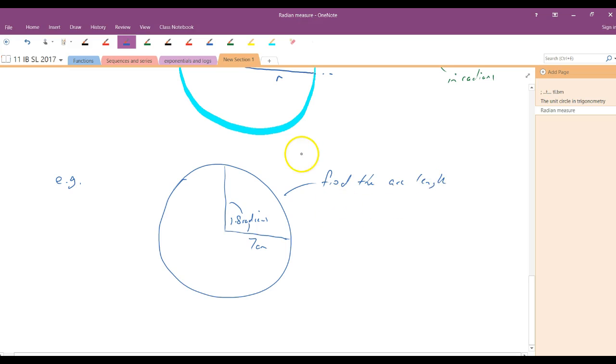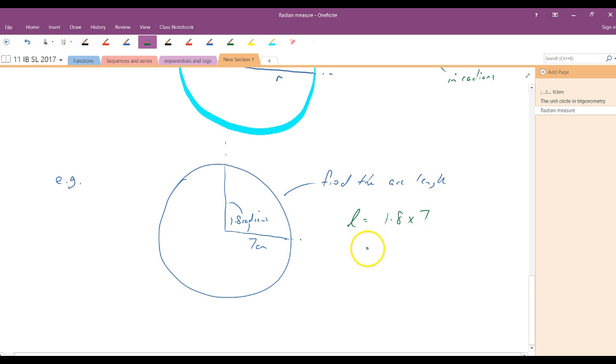So the arc length, I know that this angle is 1.8 radians. What this tells me is that this angle has subtended, or cut off, 1.8 radiuses. So my arc length is r theta, which is 7 times 1.8. I've got 1.8 radiuses, so 1.8 times 7.